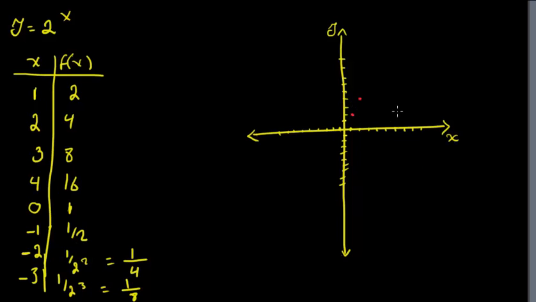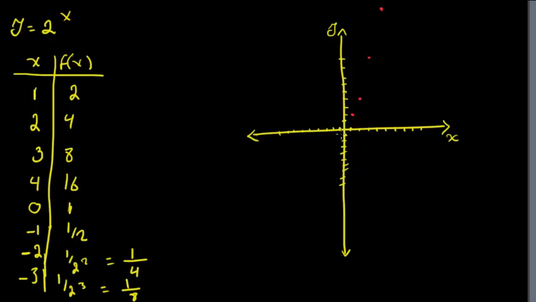If x is 3, y is 8: 1, 2, 3, 4, 5, 6, 7, 8. And so it's going to be here. If x is 4, y is going to be 16: 1, 2, 3, 4. Let's imagine it goes up to here.